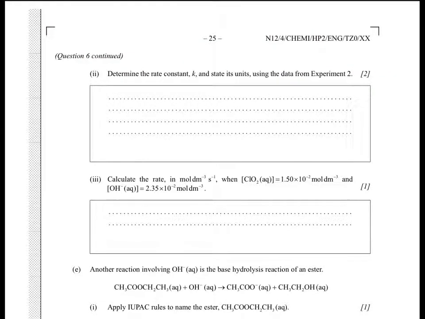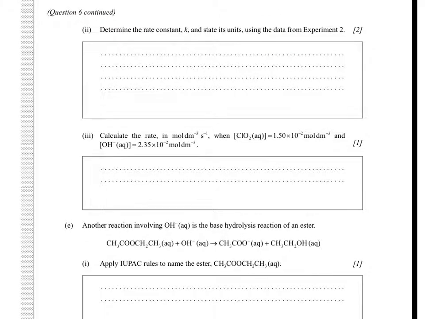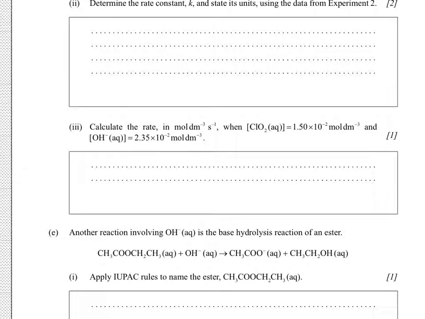Okay, so for the next slide, it says to determine the rate constant and state its units. This was a little ugly looking through the papers, and we're supposed to use experiment 2.